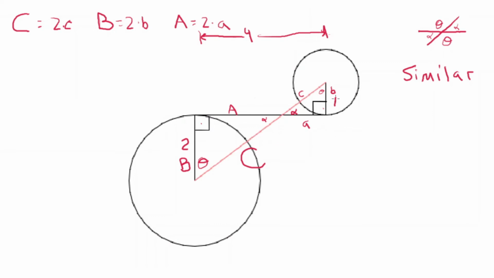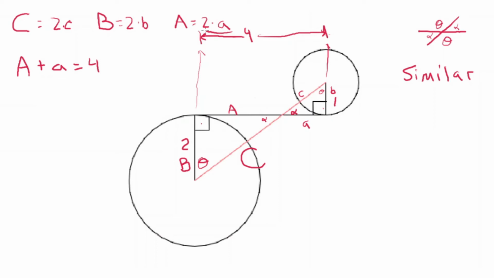I know B, if I knew A, I could do this. Well, I know something. I know that big A plus little a equals 4. Because look, it's got to go up to there. See, that's 4. From here to here, that's 4. And from here to here is A plus little a plus big A.